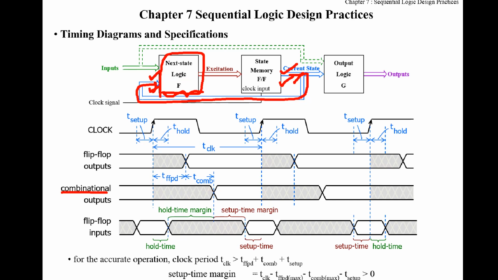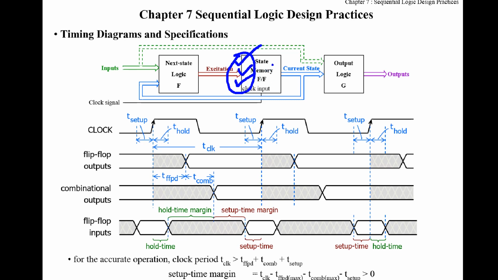So after this input updates, after the propagation delay of this combinational circuit, T combinational circuit, which is the propagation delay of this part, the output of F becomes available. That means the excitation signal is available for the flip-flop to use for the next state at the next clock tick.